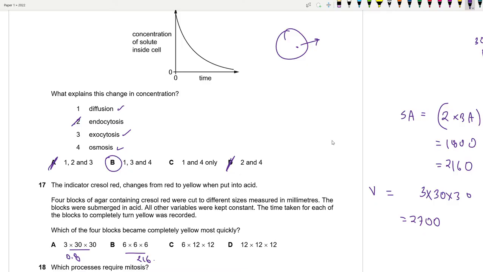So 36 is the area of one side. If you multiply this by 6, you're gonna get the surface area, which is basically 1 is to 1, the surface area to volume ratio.